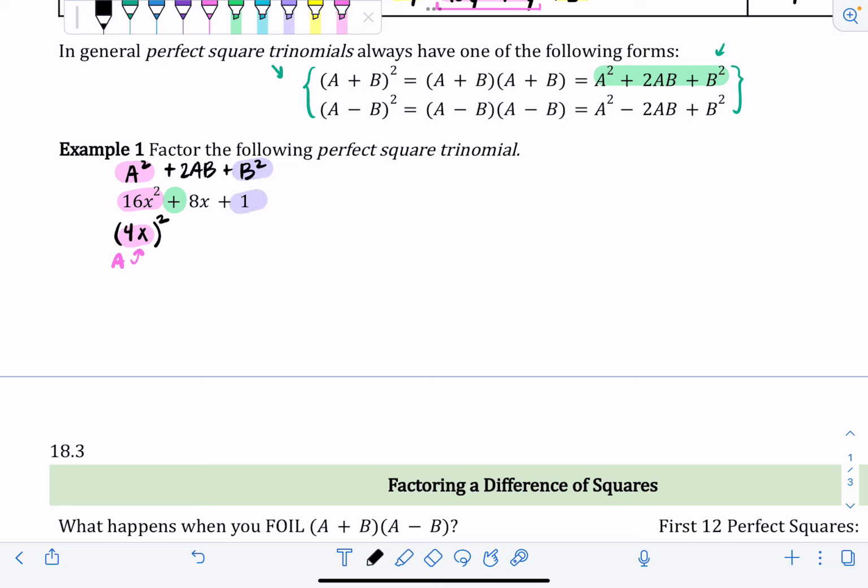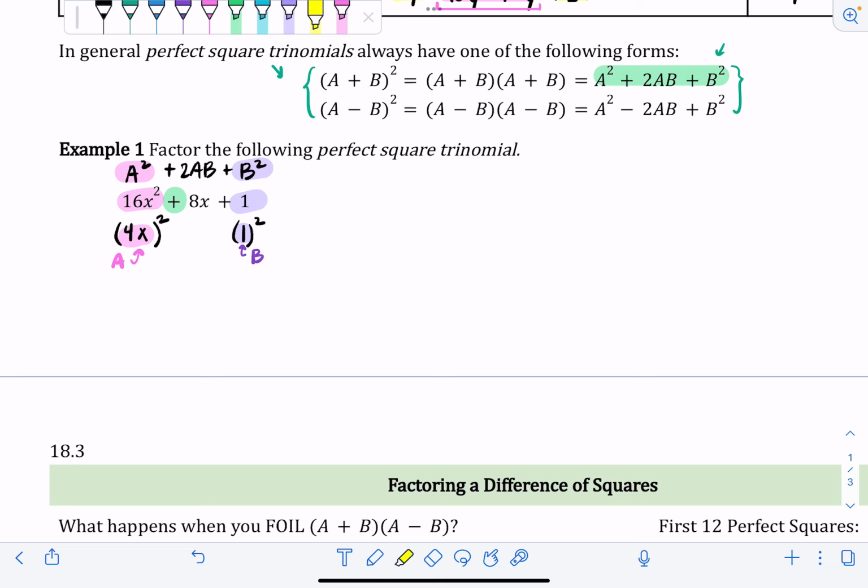So I have to think, okay, what squared is 1? Well, 1 squared is 1. And if you want to use parentheses, you can. I think I'm going to throw mine on there just for the sake of consistency. But if it's a constant term with no variable, you don't have to. So my b is just 1, because 1 squared is 1.